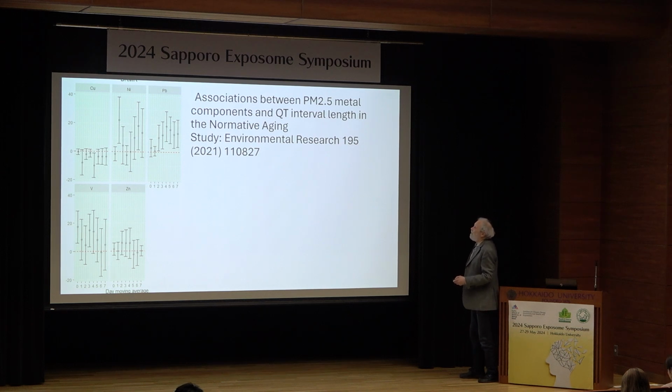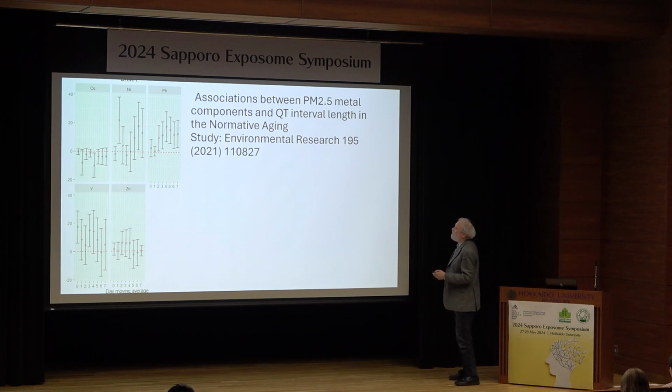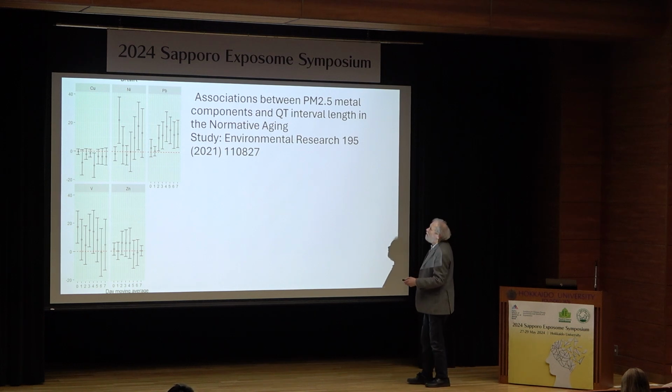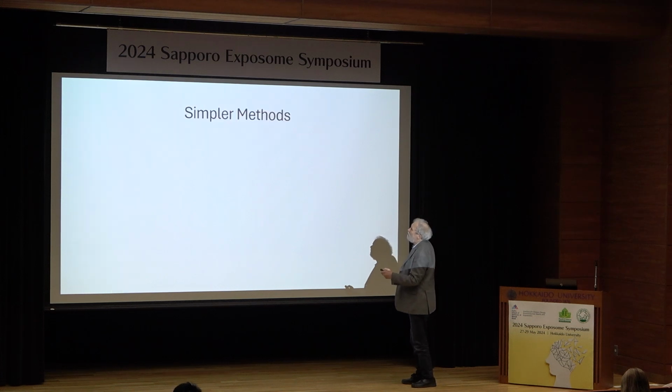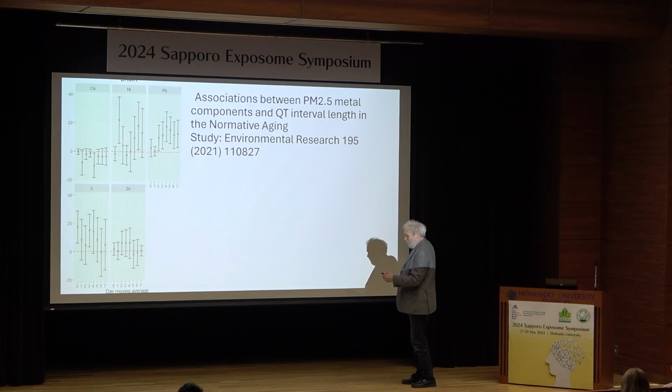So here, this is not air pollution, this is heavy metals in toenails, again in the normative aging study, and looking at the effect on QT interval, corrected QT interval, and you can see these are the same day, 1 day moving, a 2-day moving average, 3, 4, no, 1 day before, 2 day before, 3 day before, 4, 5, 6, and 7 day lag.